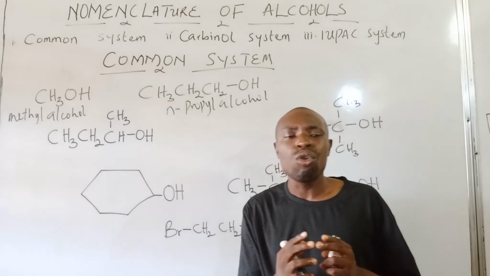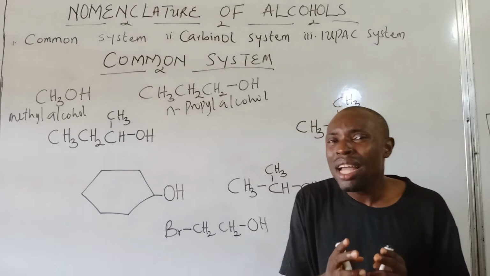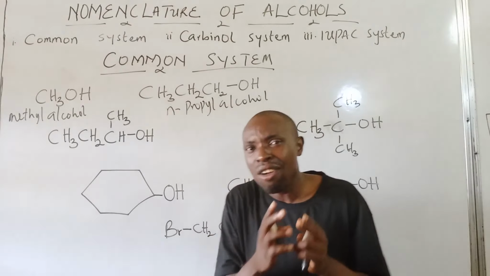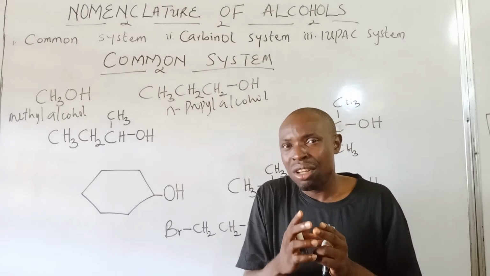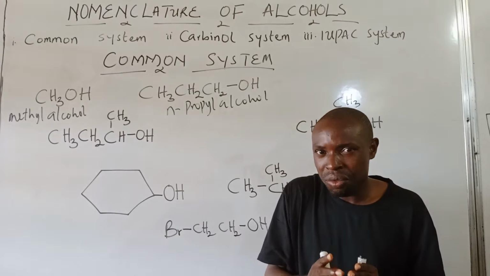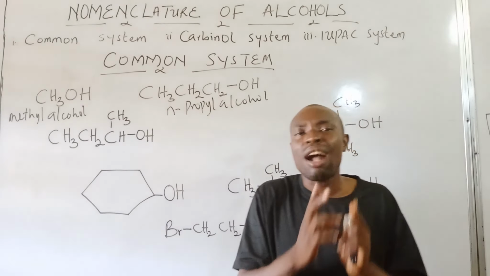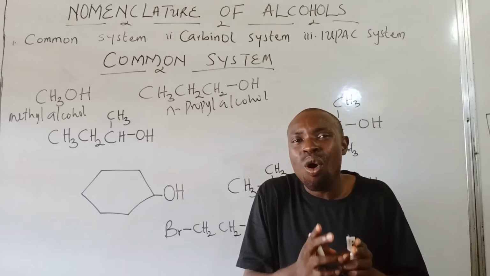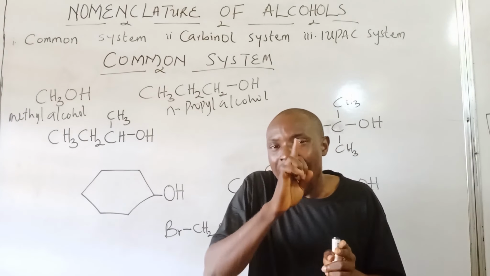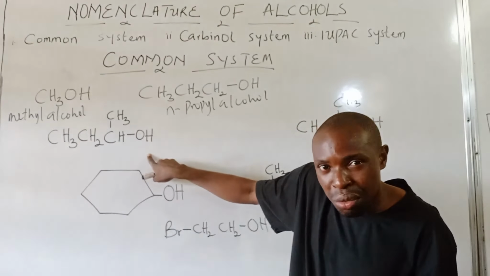As we begin to go higher, there will be a need to indicate whether the alcohol is a primary, secondary, or tertiary alcohol. Remember, I have told you that under monohydric alcohol, a primary alcohol has one alkyl group attached to the carbon carrying the hydroxy group.